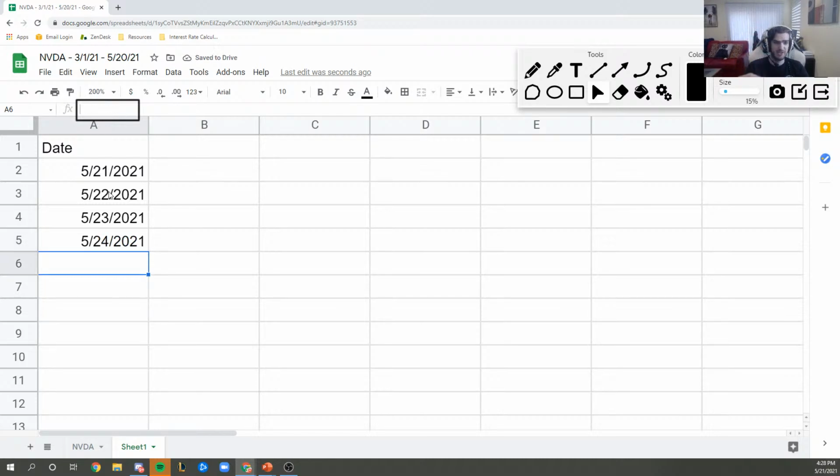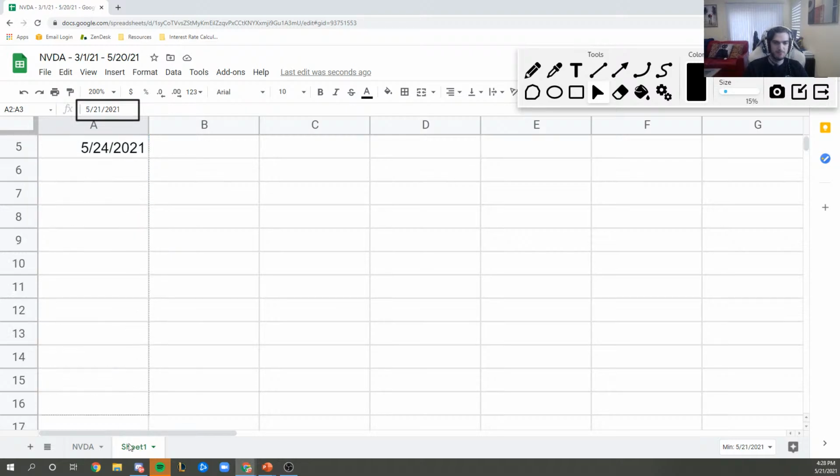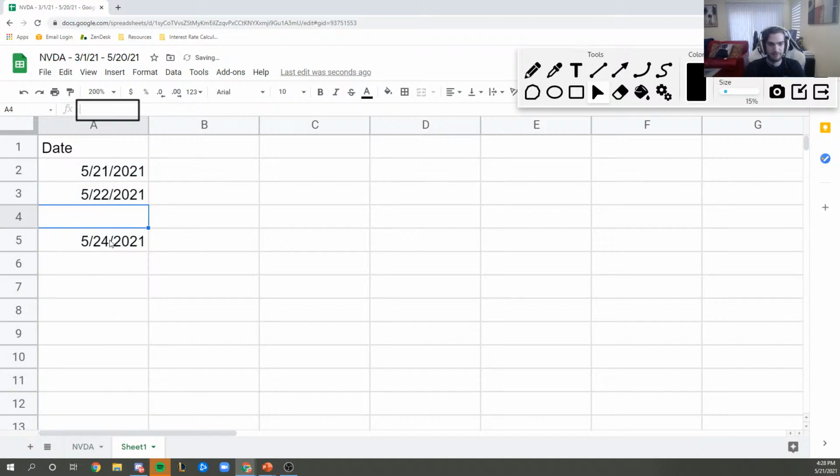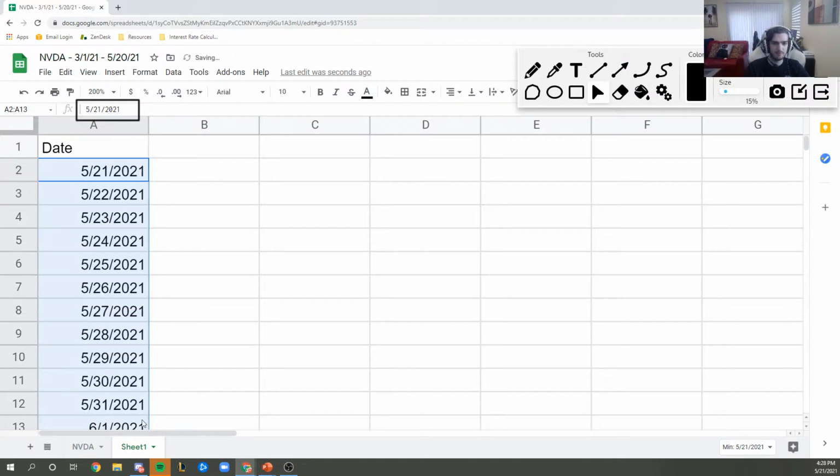One line per day, right? Google's smart. So if we highlight even just 2 of these cells, and then we drag down, it gets what we're trying to do. So it will continue what we started, where if literally we need 2 days, that's it. If we drag down, it will go 1 day at a time.